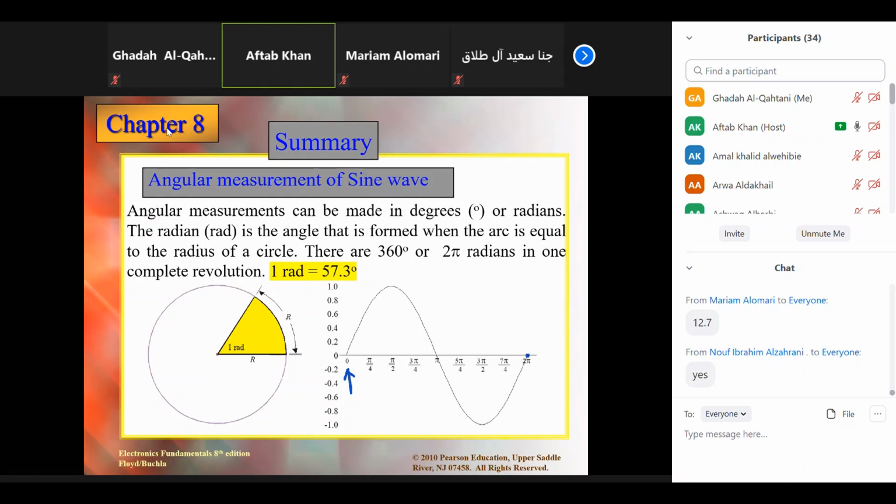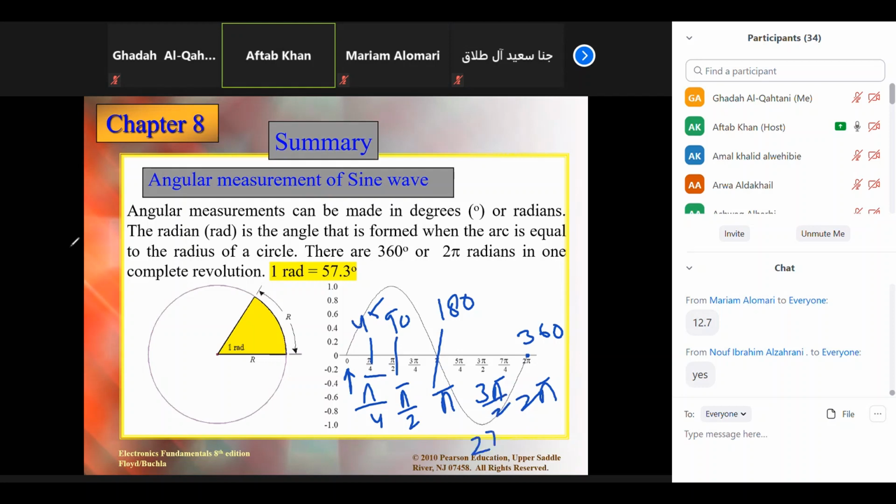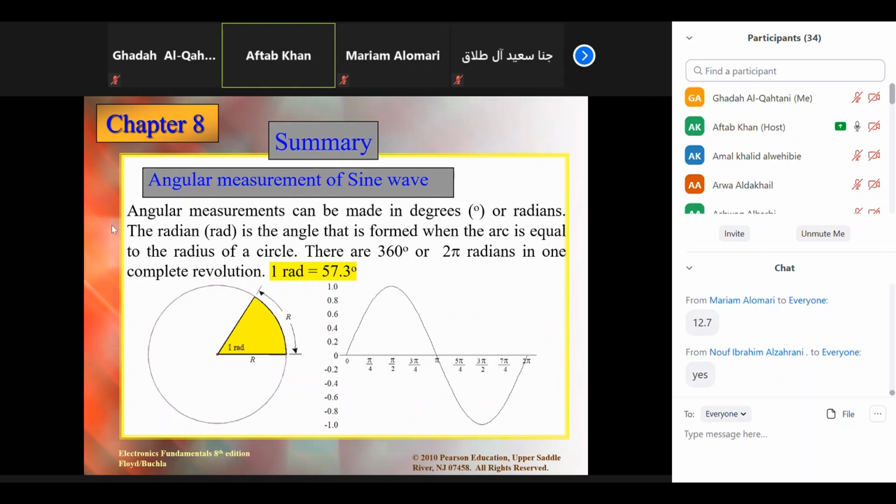As I mentioned, this is 360, half is 180, its half is 90, its half is 45. So pi by 4 is 45, pi by 2 is 90, pi is 180, 2 pi is this one, and this is 3 pi by 2, which is 270 degrees. So these are the different angles in radians and in degrees.